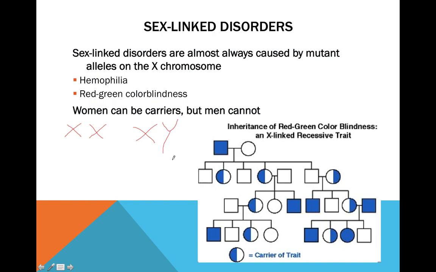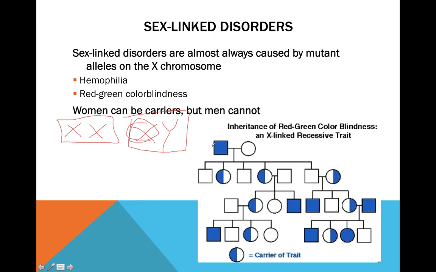If the mutation is on an X chromosome, women have two X's to back them up. Men only have one, so if there's a mutation on this X chromosome, they can't do anything about it. They're automatically affected by it.